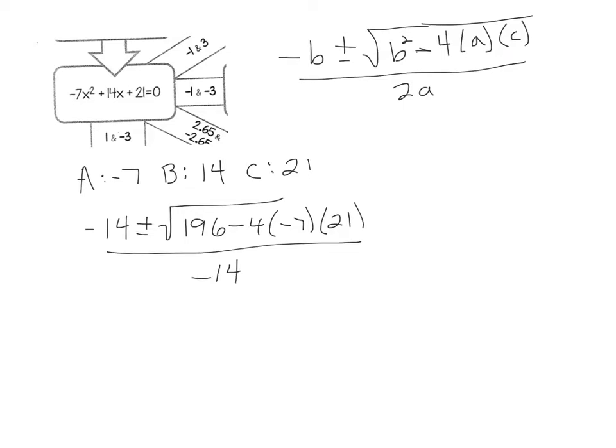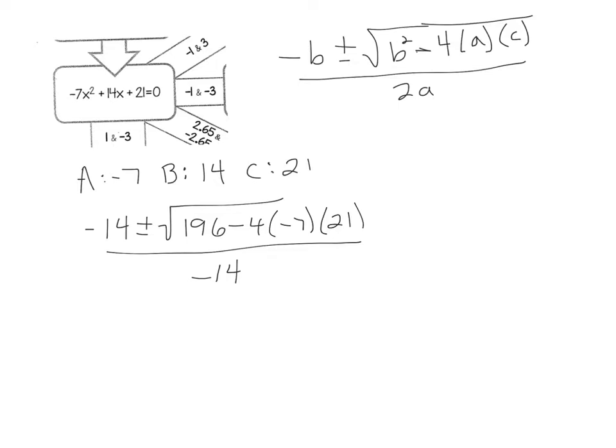So now I've got inside, if I look at the radicand, I'm going to do negative 4 times negative 7 times 21. And that gives me 588.